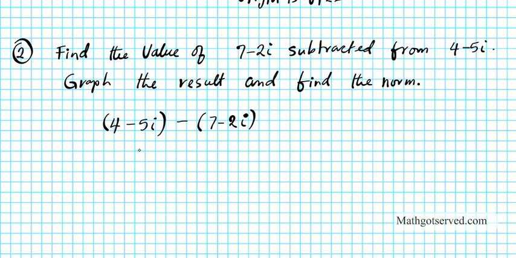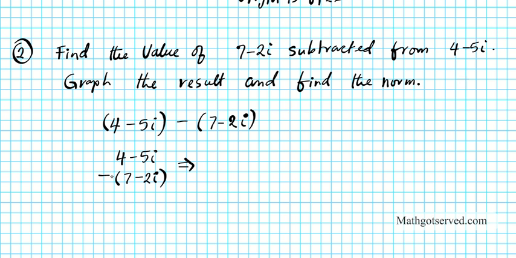I like to do my subtraction and addition in vertical form, so I'm going to stack these on top of each other. So I have 4 minus 5i minus parenthesis 7 minus 2i. Anytime you're subtracting, you have to be extremely careful because signs do change. You notice the parentheses I put here?